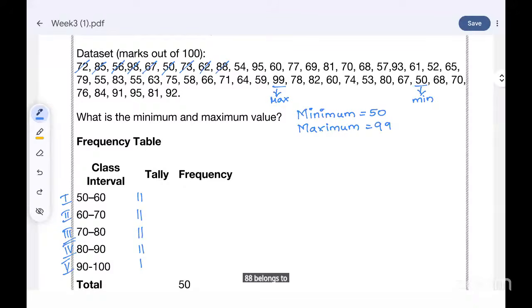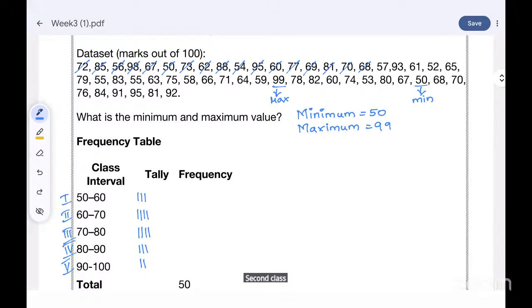Fifth class. 54 belongs to? First class. 95 belongs to the Fifth class. 60 belongs to the Second class. 77 belongs to the Third class. 69 belongs to the Second class. 81 belongs to the Fourth class. 70 belongs to the Third class. 68 belongs to the Second class.